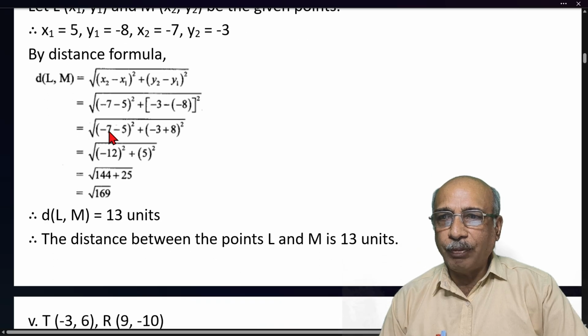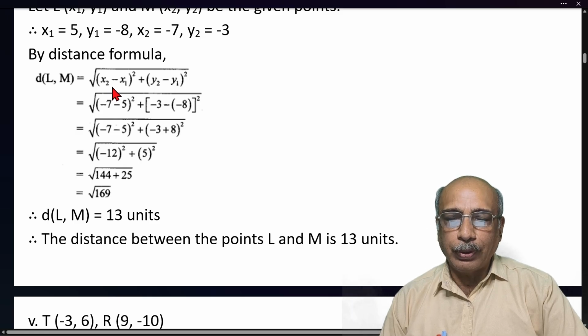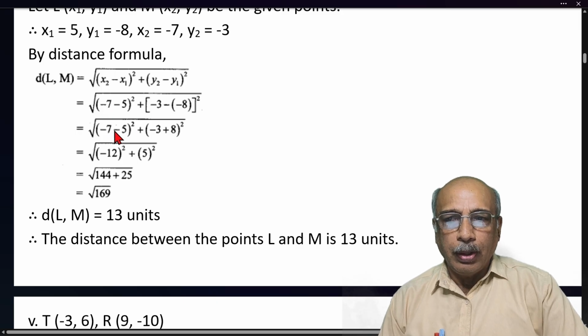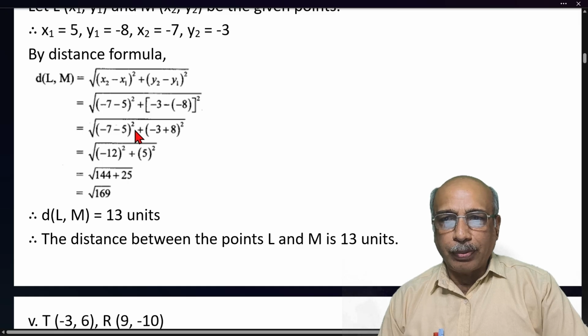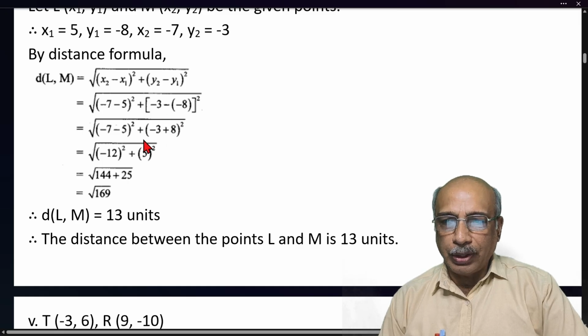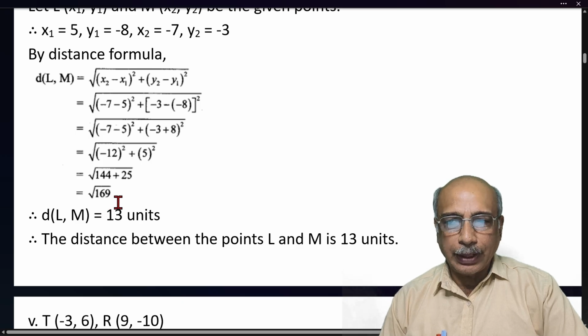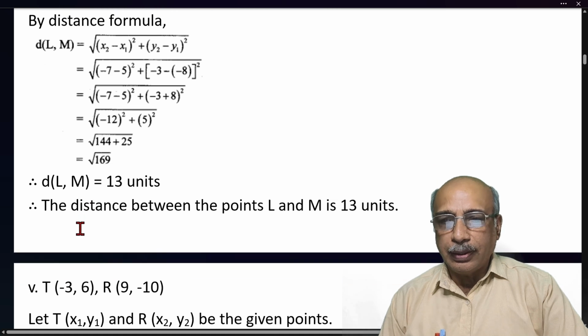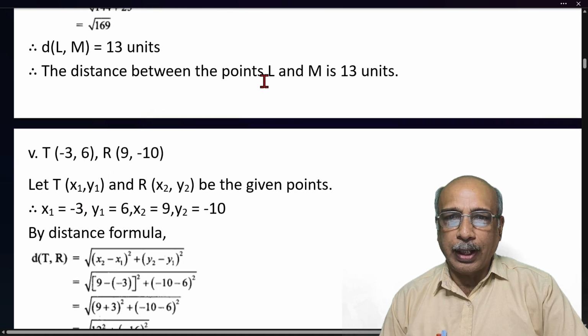Therefore, by the distance formula, distance LM equals root of (x2 minus x1) whole square plus (y2 minus y1) whole square. Substituting the values of x2, x1, y2, y1 in this equation and simplifying it, we get root of 169. Therefore, distance LM equals 13 units. Therefore, the distance between the points L and M is 13 units.